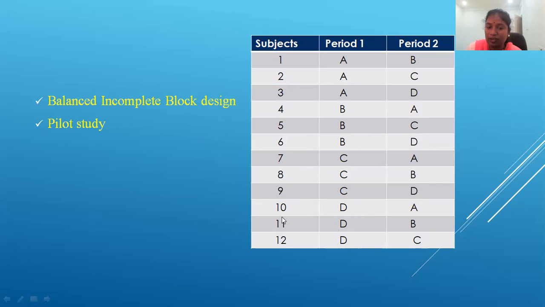The D formulation was given to subjects 10-11-12, and except D you give A, B, C to the different subjects. So this is the balanced complete block design, which we also call a pilot study.